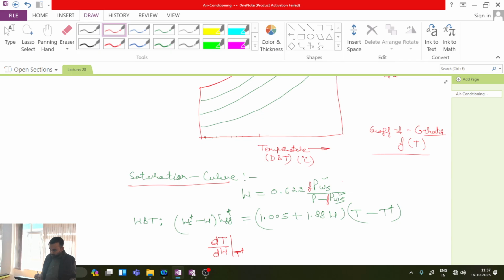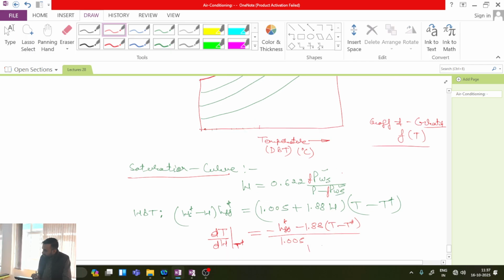If I do this, I will find it to be minus HFG star minus 1.88 into T minus T star, divided by 1.005 plus 1.88 W. Sorry, it will be plus only.